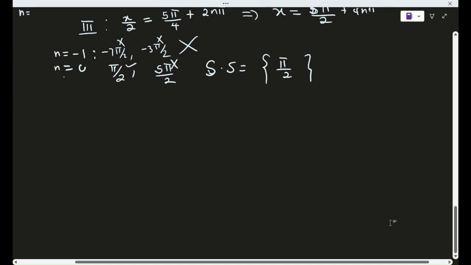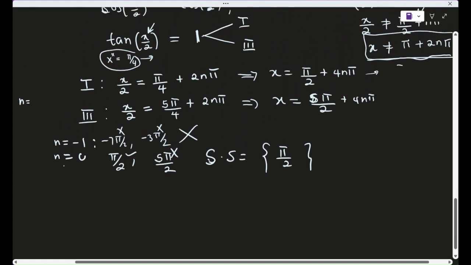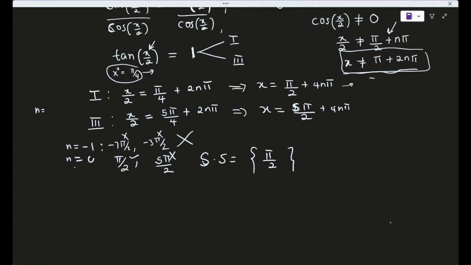So we said the solution set is just pi over 2, right? Now, don't forget that here we mentioned that x is not pi plus 2n pi. Unfortunately, if you look into this, you will see that we don't have pi plus 2n pi there.